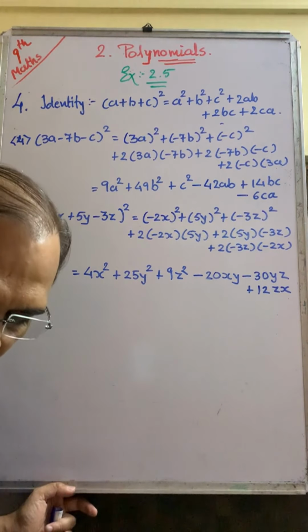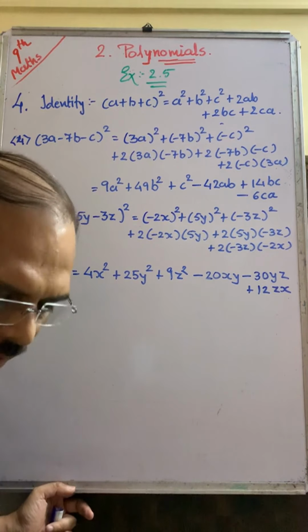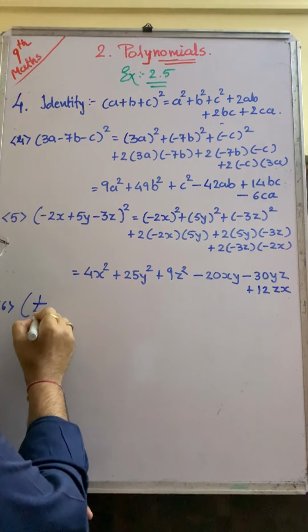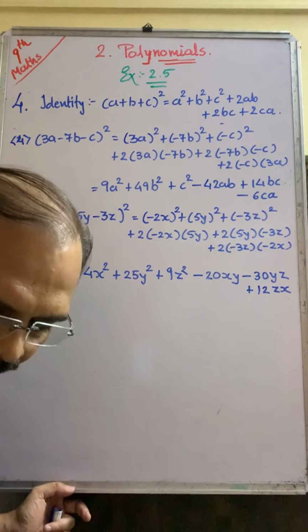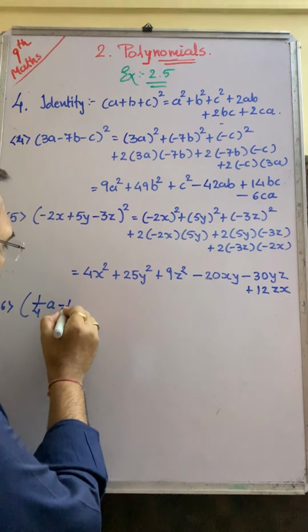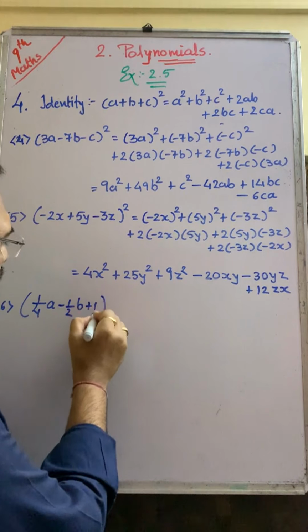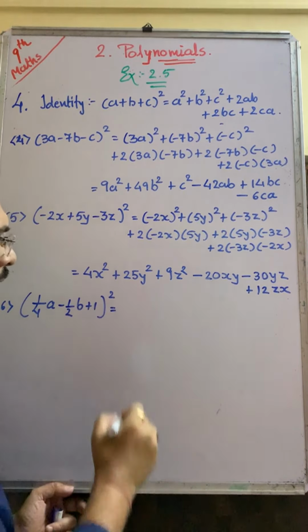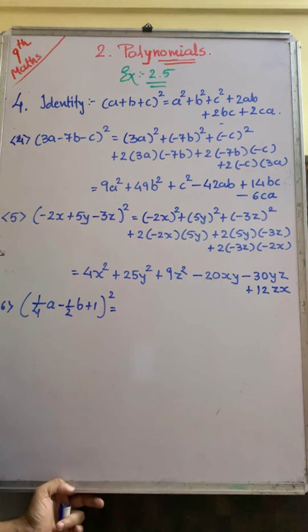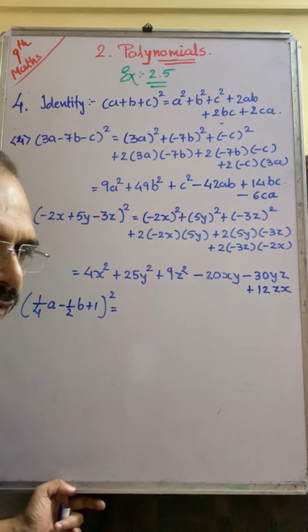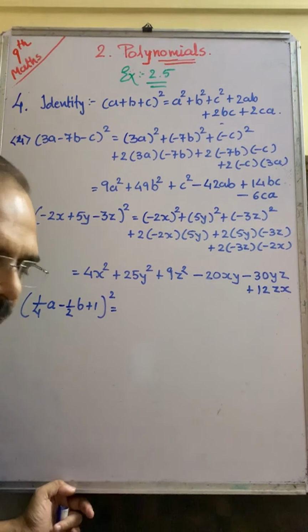Sixth number is also the same as the previous, but a fraction is given here. 1 upon 4a minus half b plus 1 the whole square. Okay, don't worry and don't bother about it, though there is a fraction, the formula remains the same.